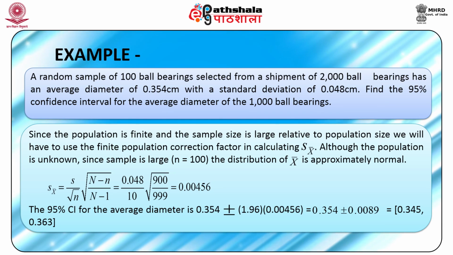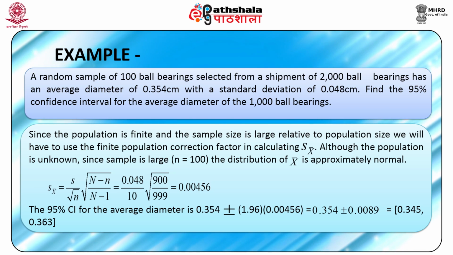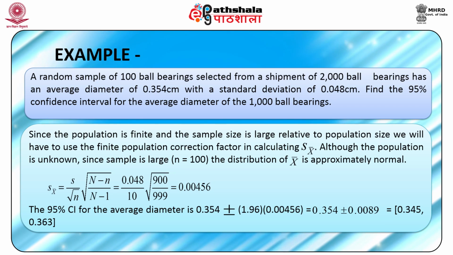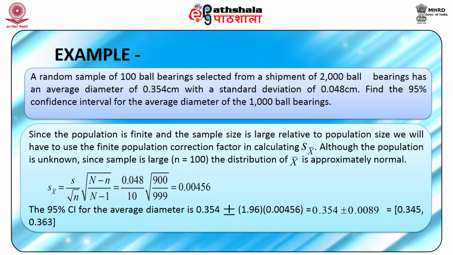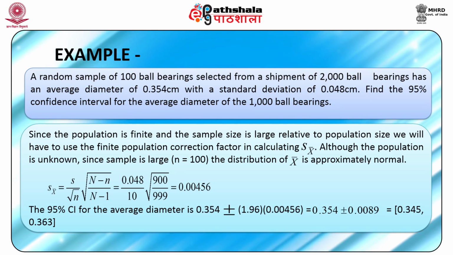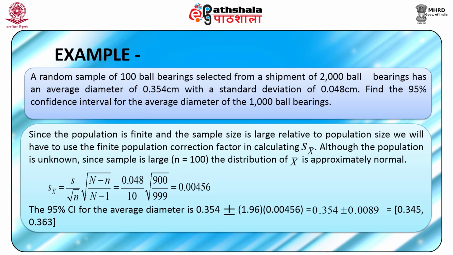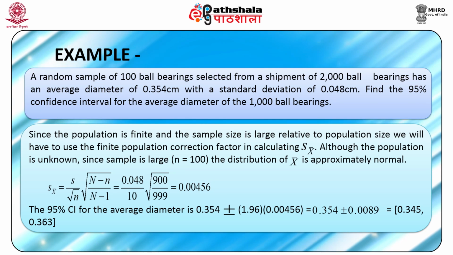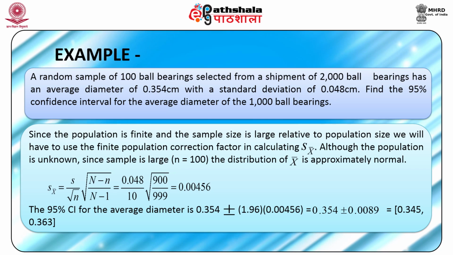Substituting the values, what we obtain is 0.048 divided by 10 into under root of 900 divided by 999. Now, on simplification, we get the value which is equal to 0.00456. Let us now build this 95% confidence interval. The 95% confidence interval for the average diameter is 0.354 plus minus 1.96 into 0.00456.